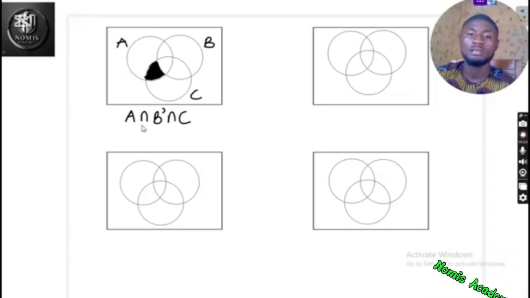So this is A intersect B complement intersect C.